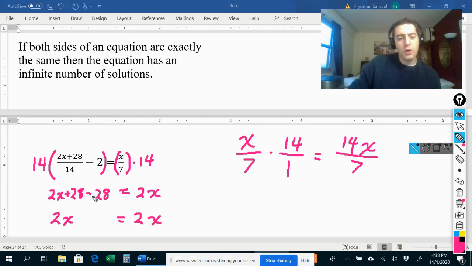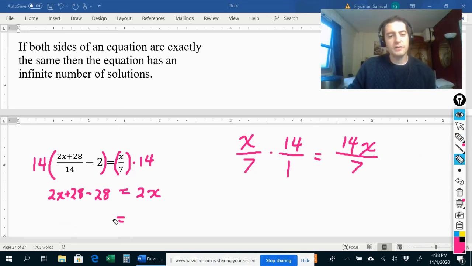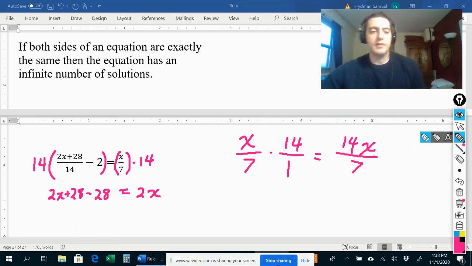Okay? And by the way, over here, if I didn't do 28 minus 28 is 0, it's probably easier just to say that this is 0, but you also could have, if you wanted to, added 28 to both sides, except you can't add 28 to 2x because this has an x and this doesn't. But we can sort of slide it over here.